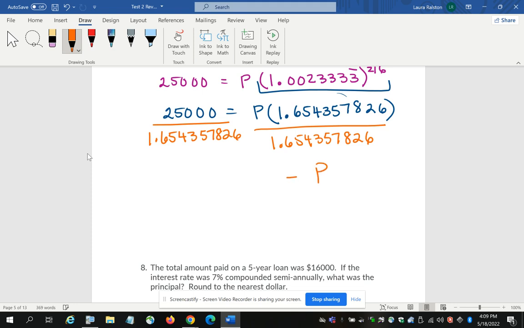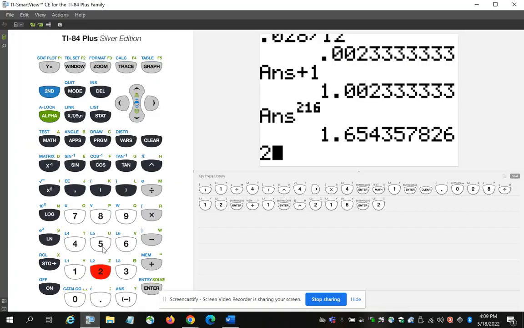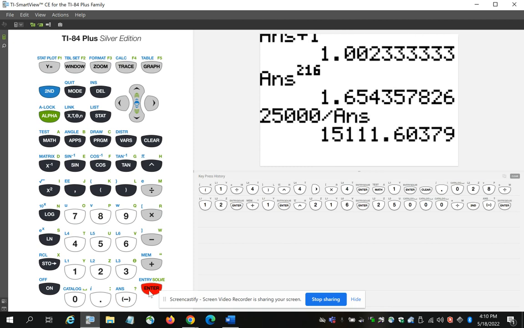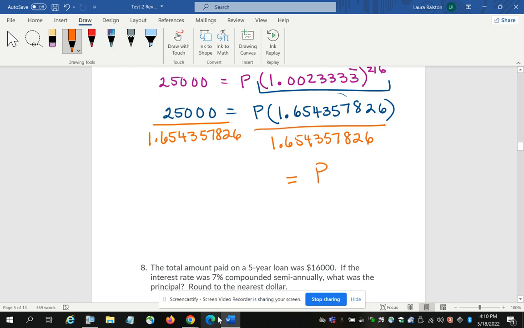So that P will equal 25,000 divided by that answer, which is 15,111.60379.